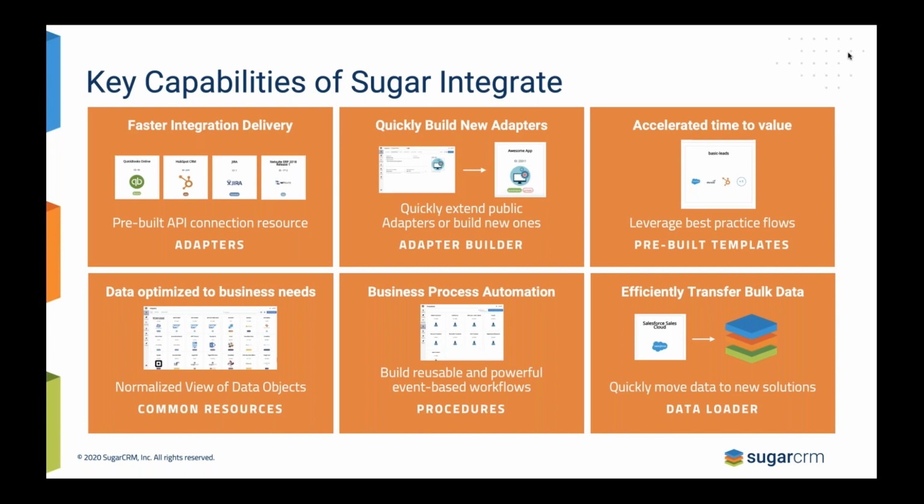So Sugar Integrate has a couple of different foundational building blocks, and the first one we'll start with, and in some ways the most important one, is this concept of adapters. Adapters are pre-built connections to different end applications. Other iPaaS platforms call them connectors, so you might have heard that terminology before.